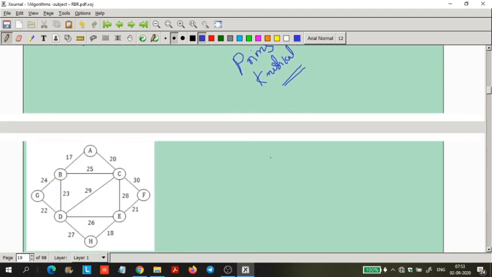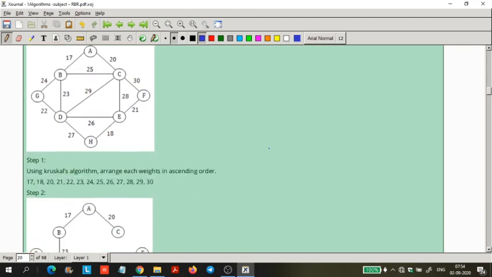This is the explanation. Using Kruskal's algorithm, arrange the weights in ascending order. We already discussed the same problem. So for this, 17, 18, 20.